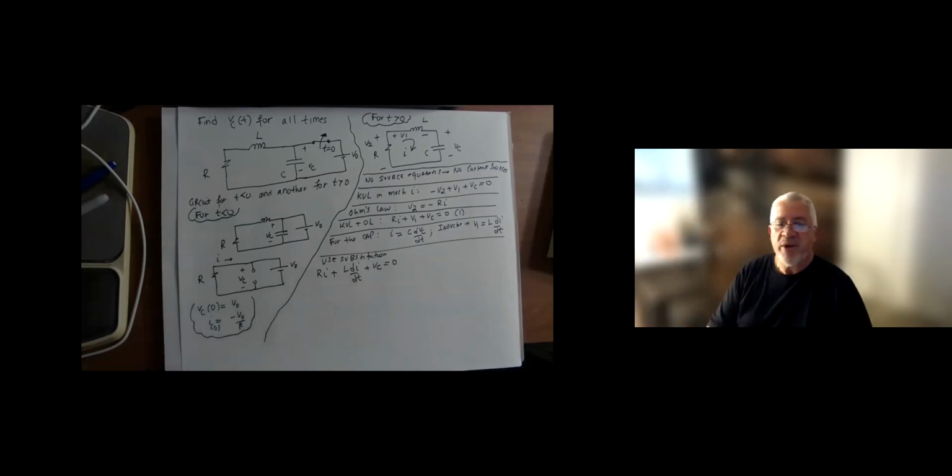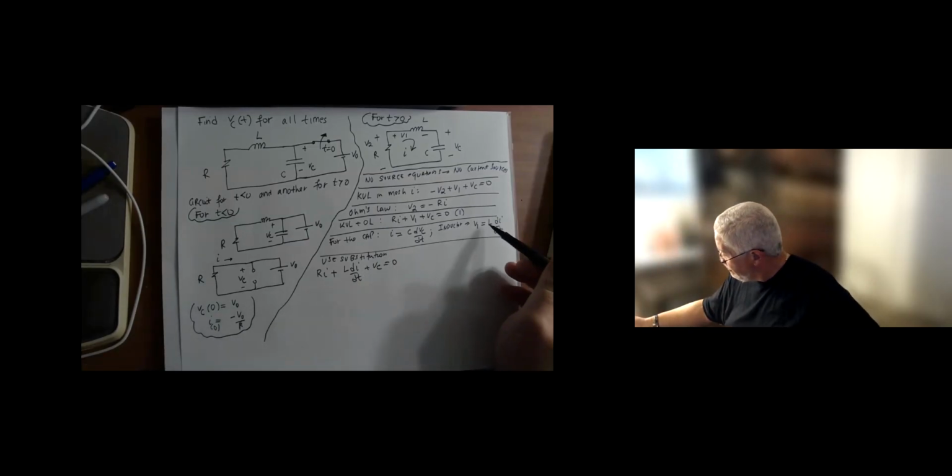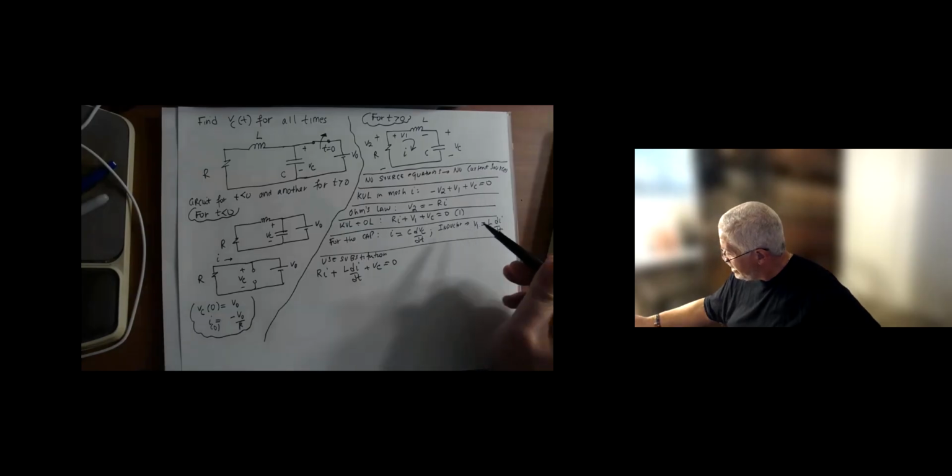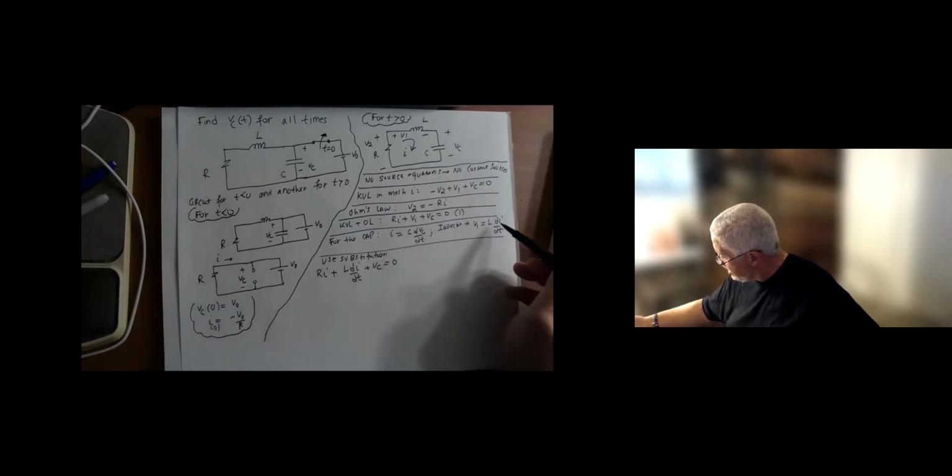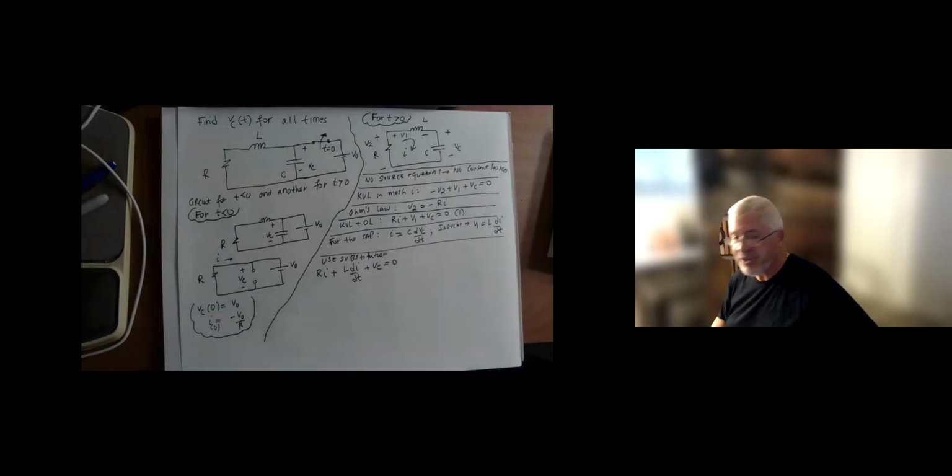Let me first use the inductor. We have I plus L di/dt plus Vc equals 0. So when I do that, I'm done with the inductor. Anywhere I have V1, I've used L di/dt in my other 2 equations.